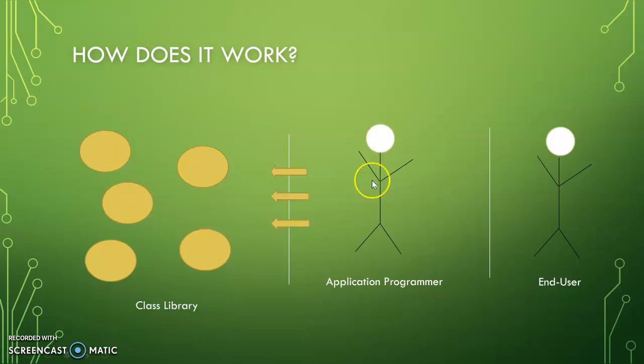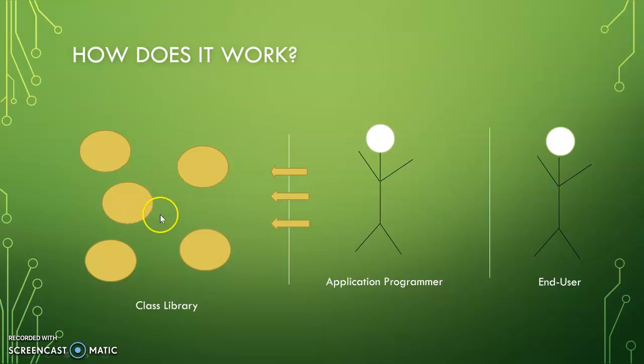The application programmer then will write his applications by using one or more, maybe several, different classes and maybe different things in the class to make his program work the way it's supposed to work based upon the requirements. So all business logic, if you will, meaning all the if-then conditions and so on, resides in this.